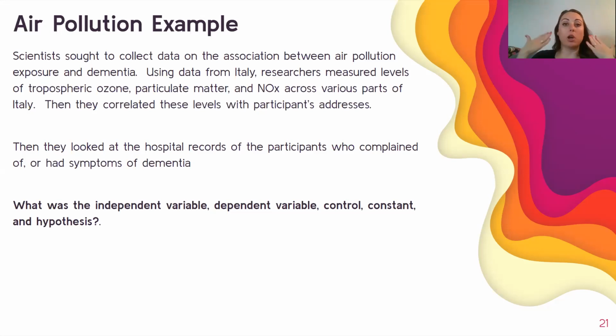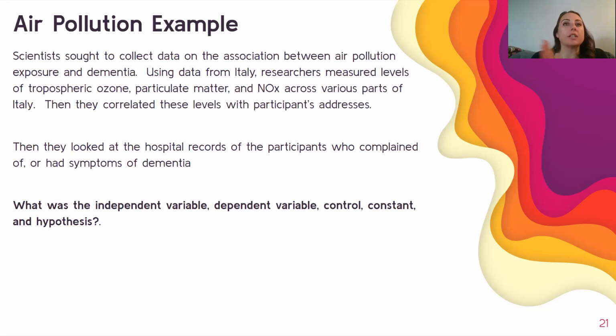Ozone is good. It helps pale pasty people like me not get sunburned, but it's really only good in the stratosphere. Otherwise, it's an air pollutant. It causes respiratory illness in the troposphere. Remember, that's the lower part of the atmosphere. So again, if you don't understand the content, those things aren't going to mean anything to you. You're going to have trouble answering the question.